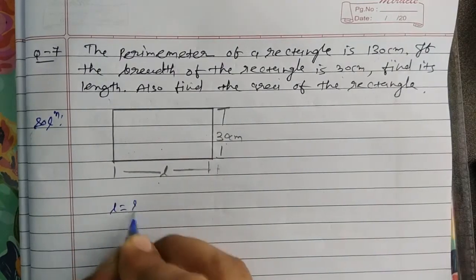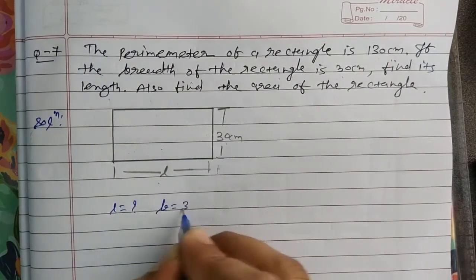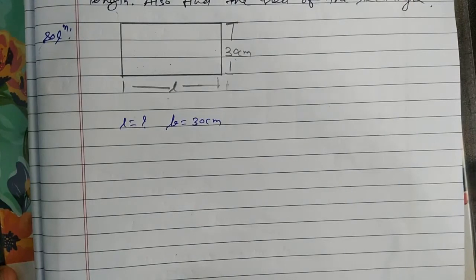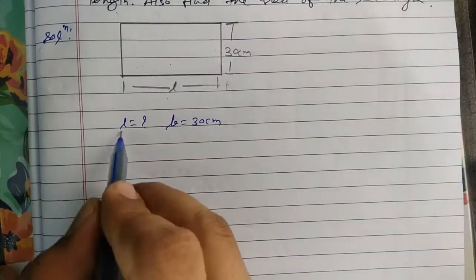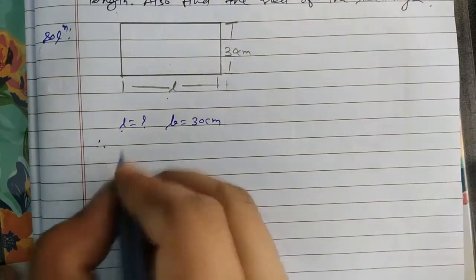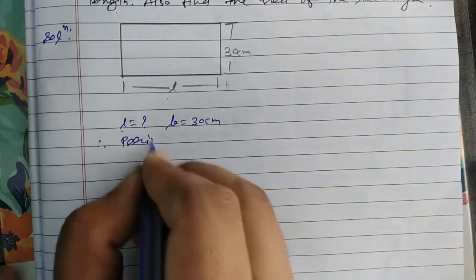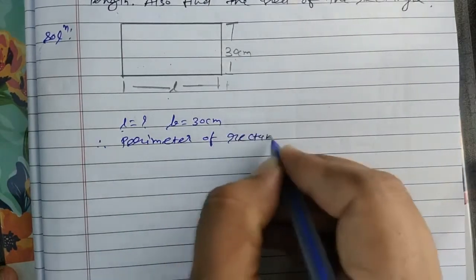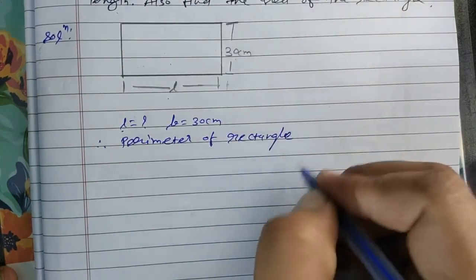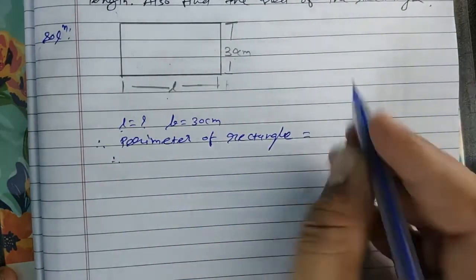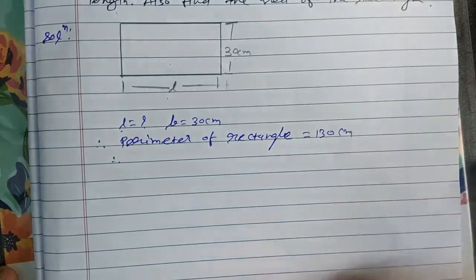So here length we have to find, breadth is given, that is 30 centimeter, and perimeter is given. So we will use formula of perimeter. From that we can find length, as perimeter of rectangle is already given. So perimeter of rectangle is equal to nothing but 130 centimeter.